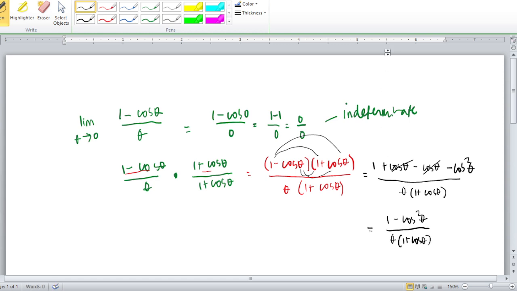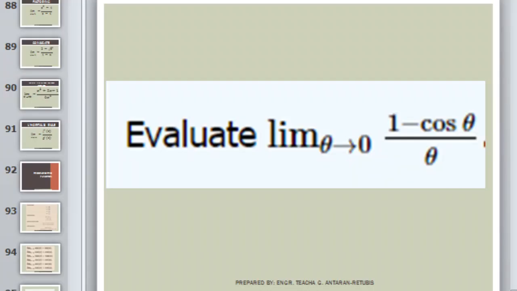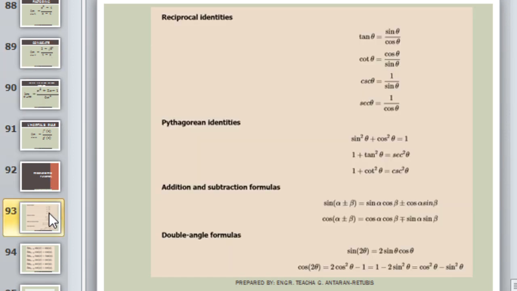Now, how are we going to simplify this? If you could recall, class, doon sa trigonometric identity natin, what can you see?